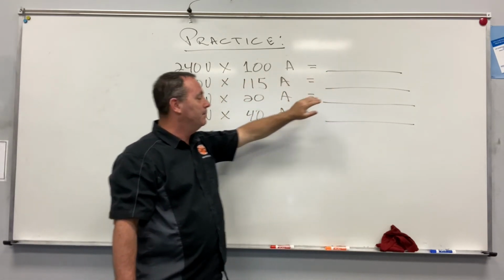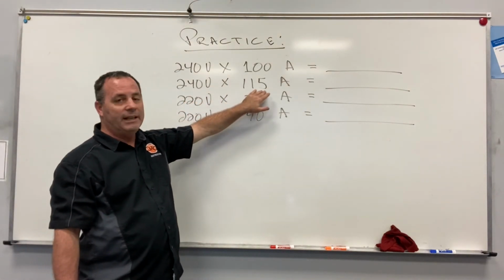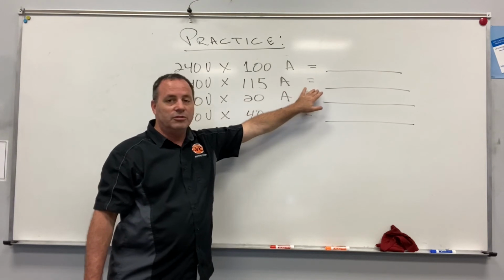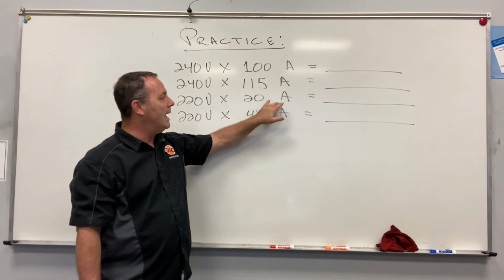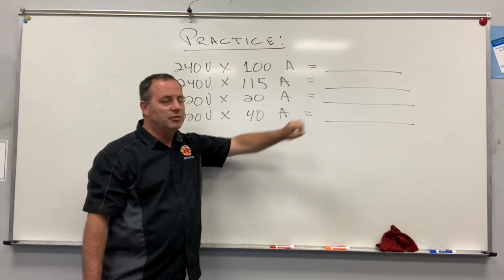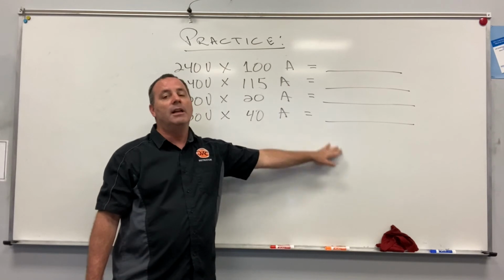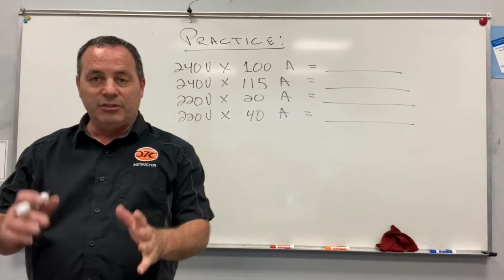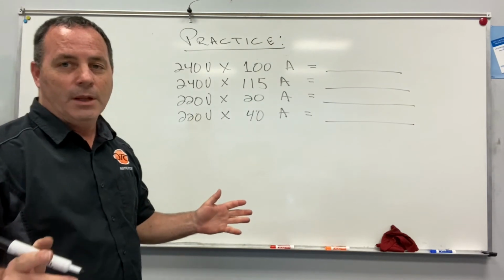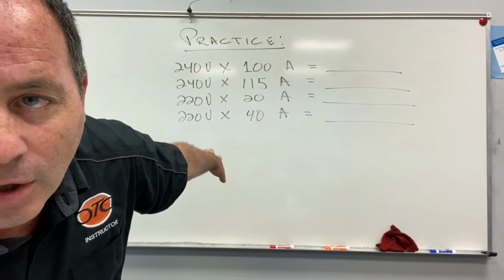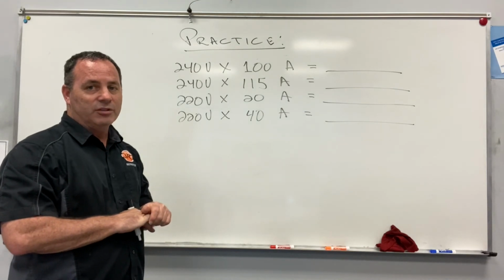What's your answer? 200 volts times 115 amps equals, 220 volts times 20 amps equals, and 220 volts times 40 amps equals. Now I'll give you some time to do this. The best thing for you to do right now is pause it. Do the math, and then come back for the answer. I'm gonna give you 5 seconds to pause it.